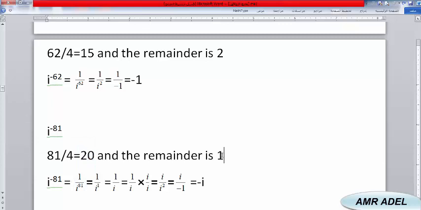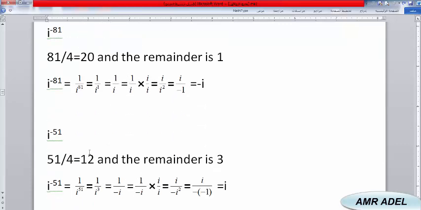Then take the remainder, which is what? 1. i power of 1, which is what? i. 1 divided by i, it will be 1 divided by i multiplied by i over i. This way, if we have i in the denominator all the time, just multiply the numerator and the denominator by i over i. It means multiply by 1. Then 1 multiply i will be i, and i multiply i will be i squared. Remove the i squared and put negative 1. Then i divided by minus 1 will be negative i.